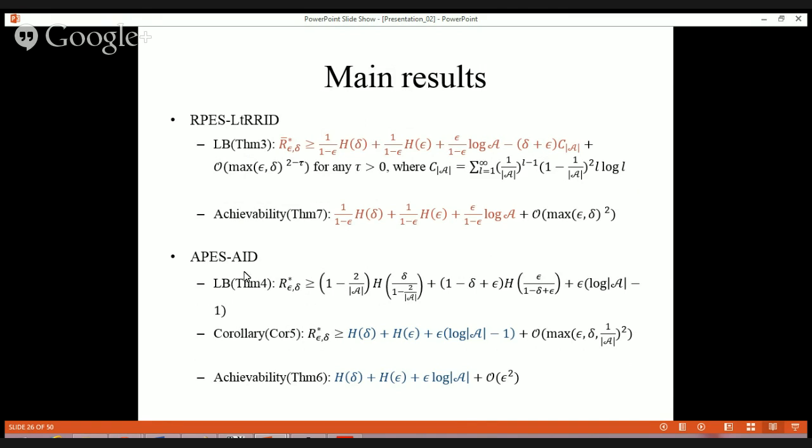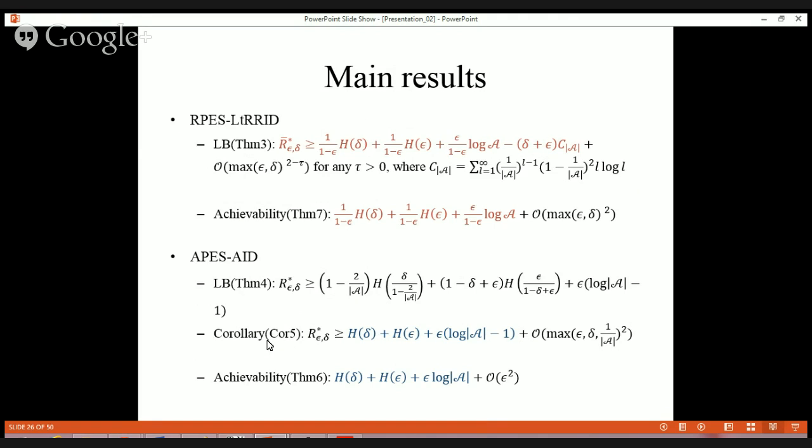For the arbitrary model, we show an information theoretic lower bound in theorem 4. This lower bound depends on the alphabet size. And if the alphabet size is large, we represent it by Taylor expansion as this higher order term plus a second order term, where the alphabet size goes to the second order term.